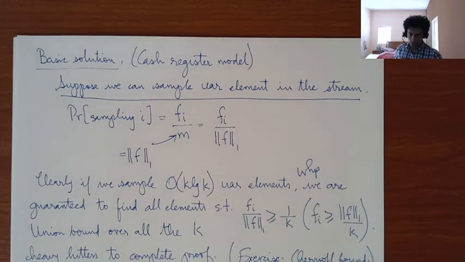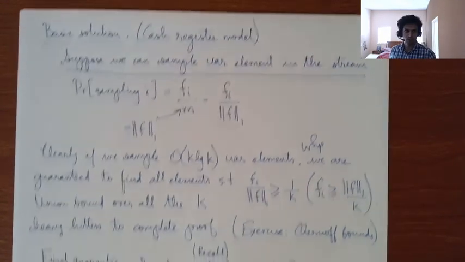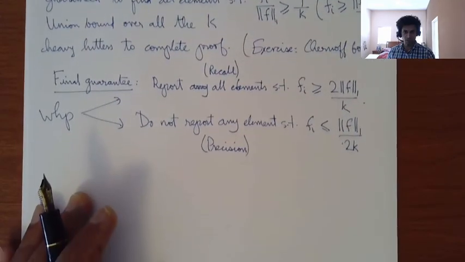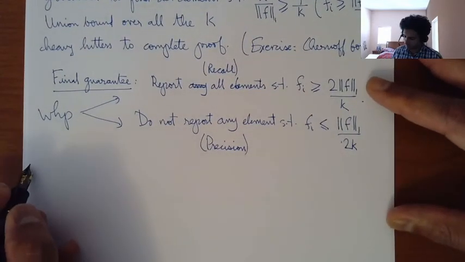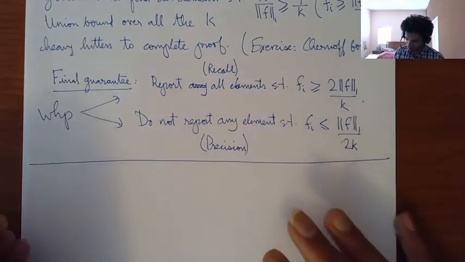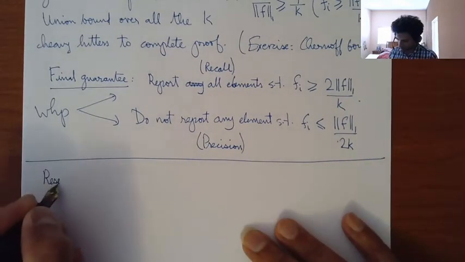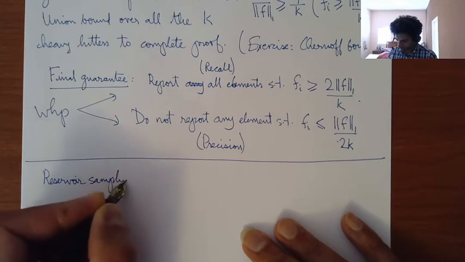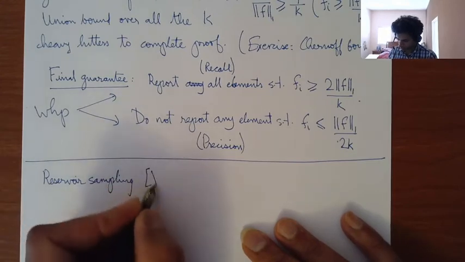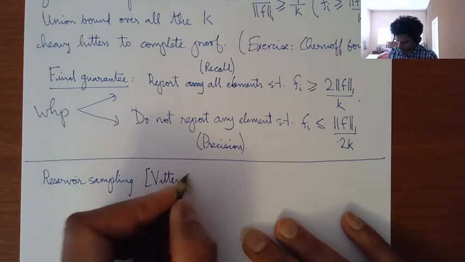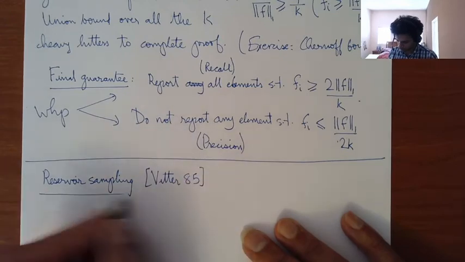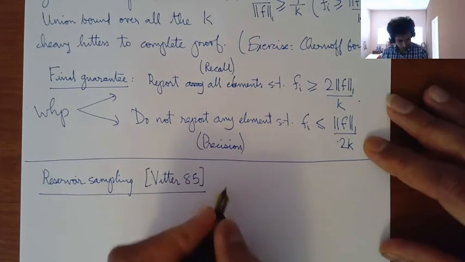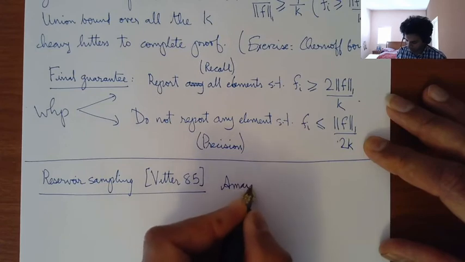And it's unfortunate that I should do this in the last 5 minutes, but this is really beautiful. This is really a work of art. And some of you may have seen this before. This is called reservoir sampling. And this was introduced by Vitter in '85. It's amazingly simple.